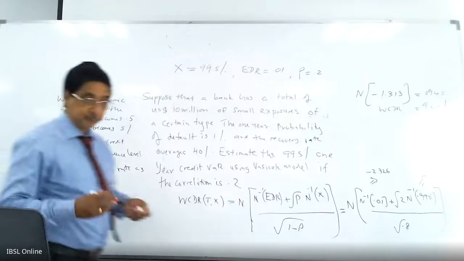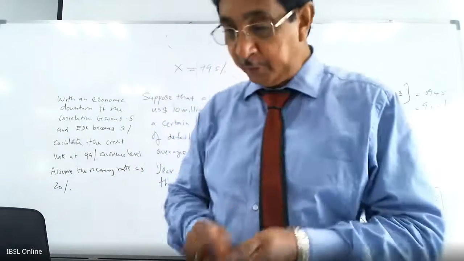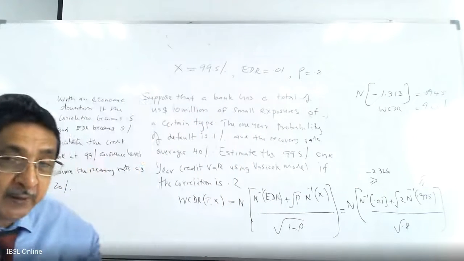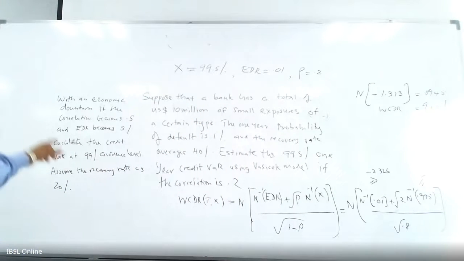Right. Now I am just referring to the same portfolio, but with the economic downturn, what happens was, with an economic downturn, if the correlation becomes 0.5 and EDR becomes 5%, calculate the credit VAR at 99% confidence.